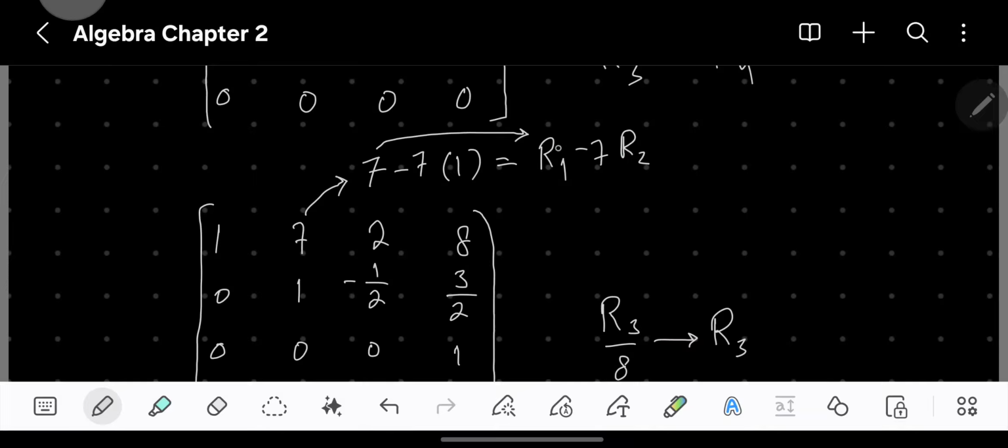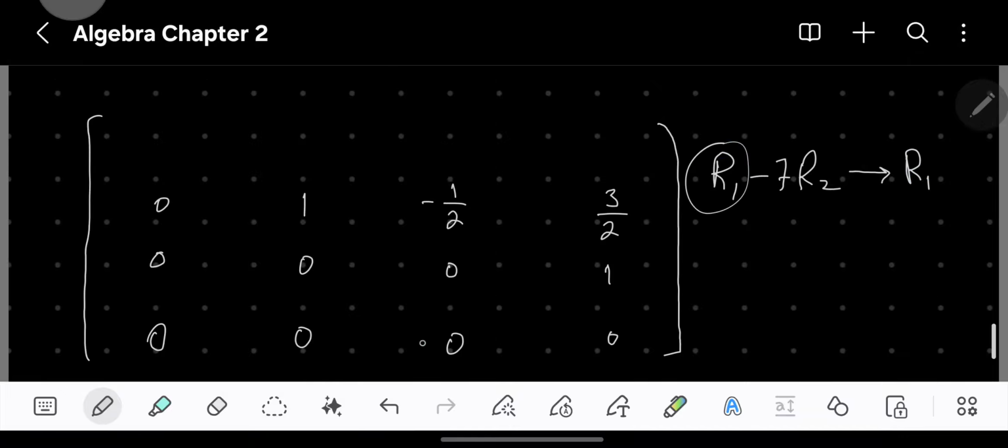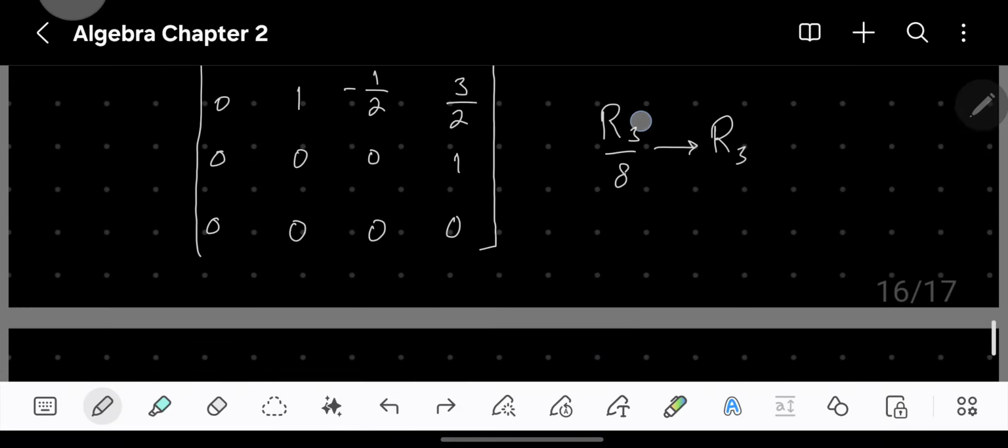I will perform this operation first. So I have to write R1 minus 7 R2, and these changes will be made in R1. So first of all I will write R1. R1 is 1, 7, 2, 8.